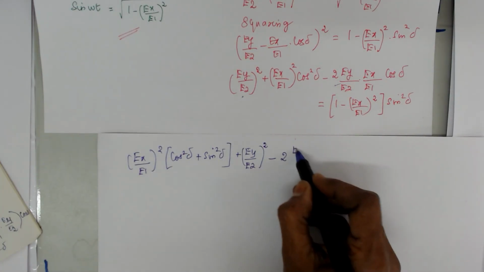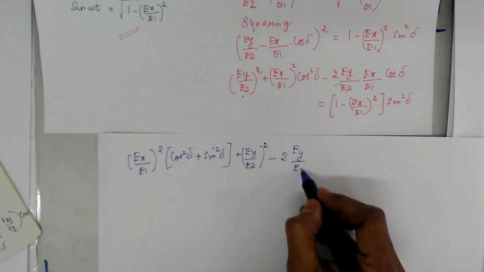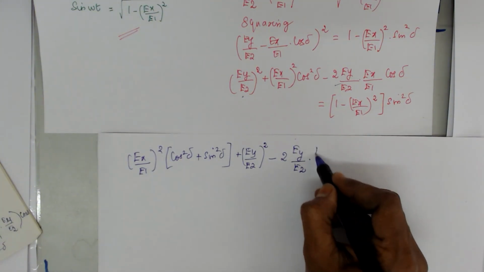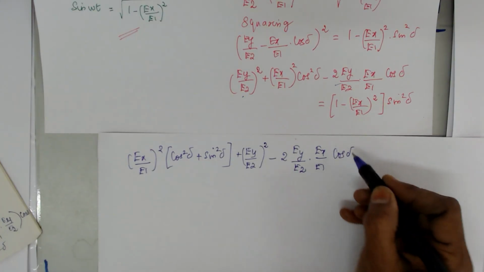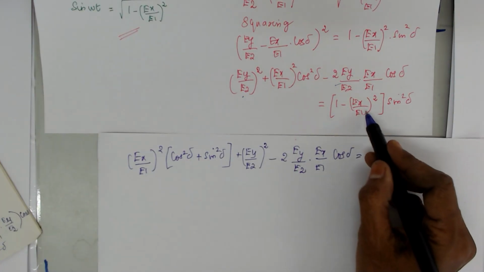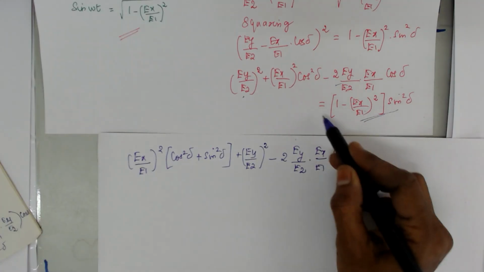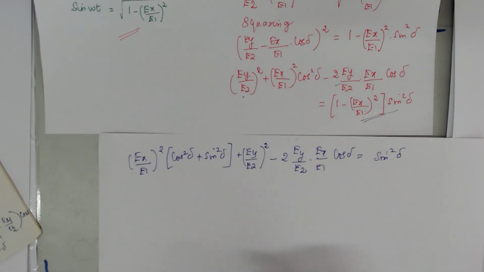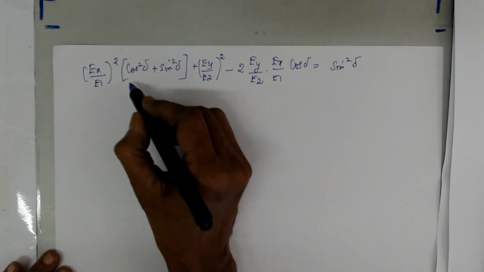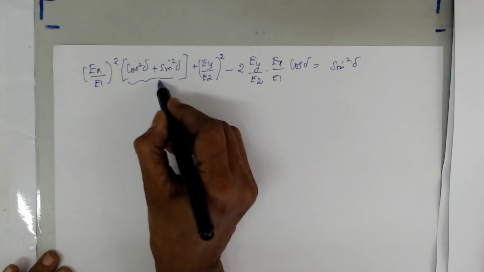So 2 into Ey divided by E2 into Ex divided by E1 into cos delta. On the right hand side, we have taken this term to the other side, so we have only sine square delta remaining on the right hand side. With this simplification, we know cos square delta plus sine square delta is equal to 1.